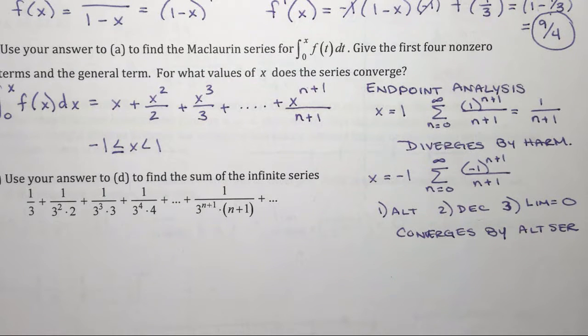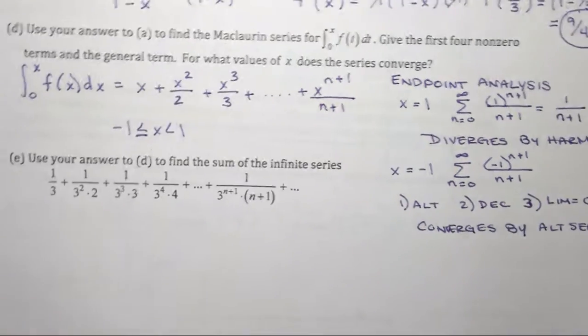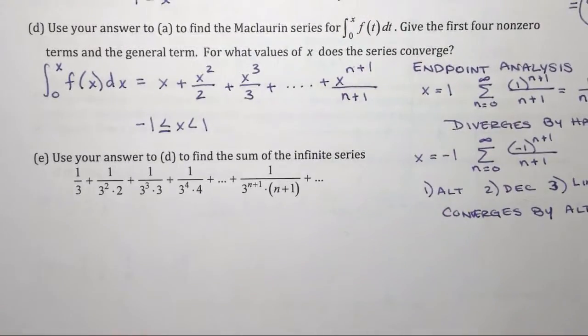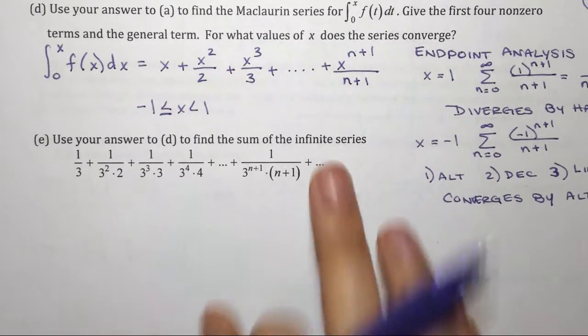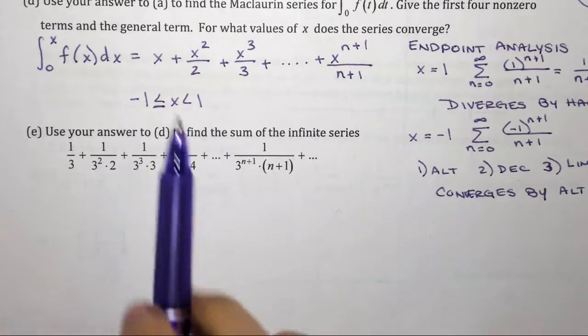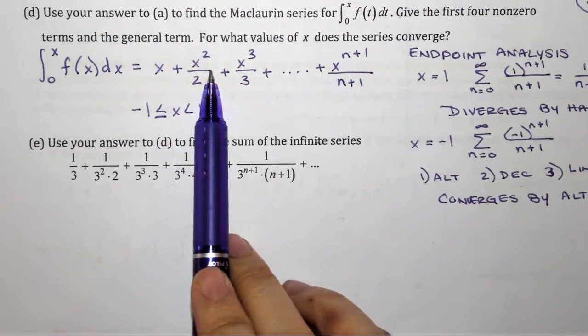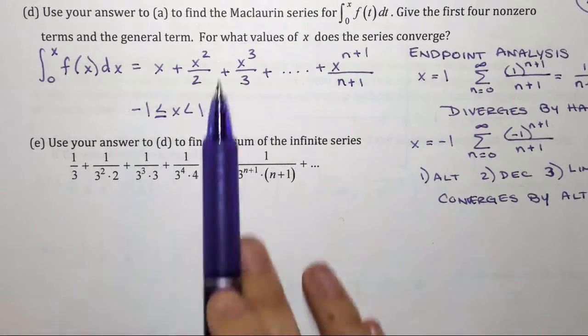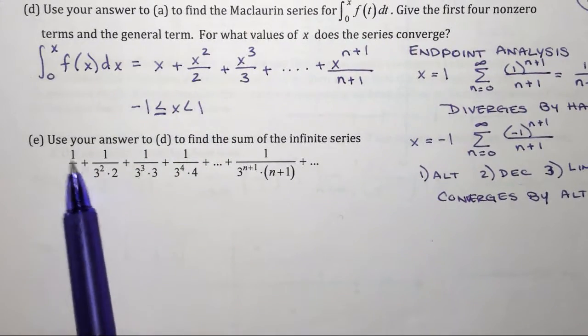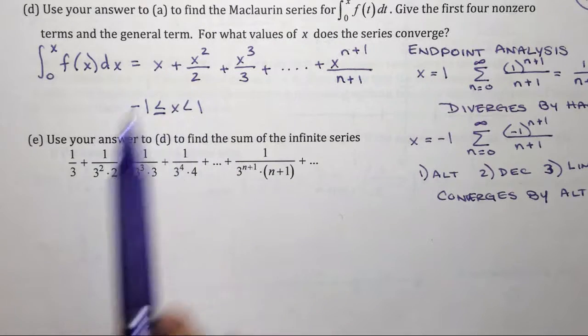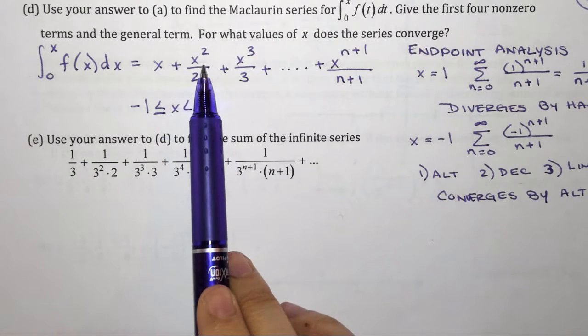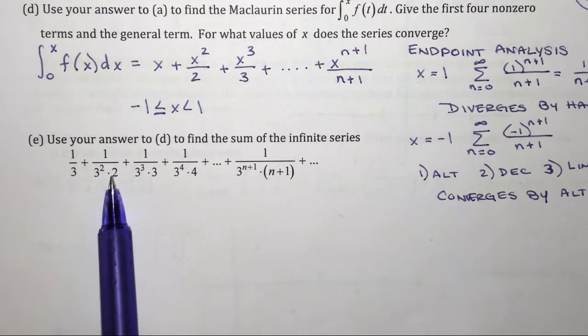Okay, let's do this again. Use your answer to D to find the sum of the infinite series. So what we need to do is we need to go back and look at this and say, how does this match up with this? So how do I get from x to 1/3, from x squared over 2 to 1 over 3 squared times 2?